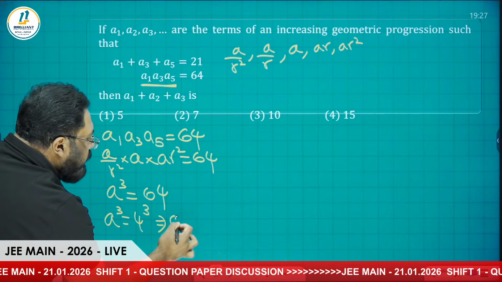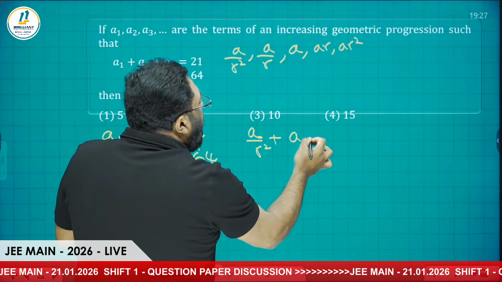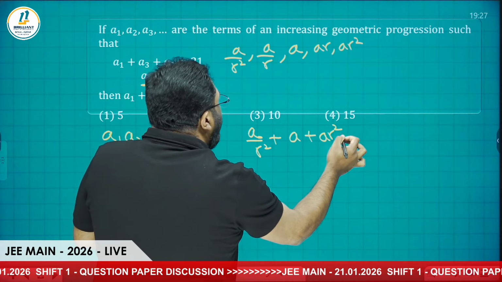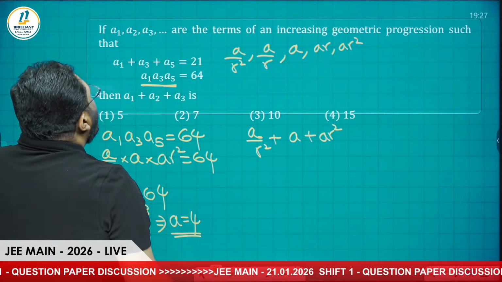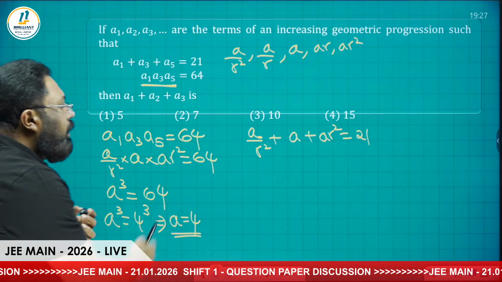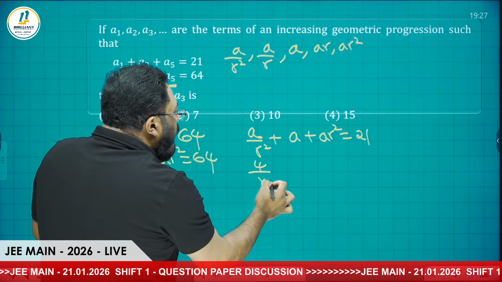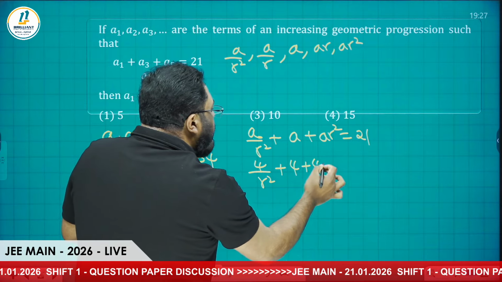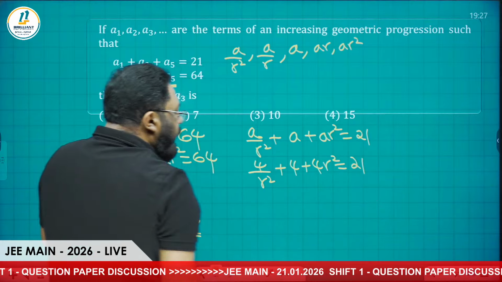Now they're asking you the sum A1 plus A3 plus A5, that is A by R squared plus A plus AR squared, which is equal to 21. We have the value of A, which is 4. So 4 by R squared plus 4 plus 4 R squared is equal to 21.